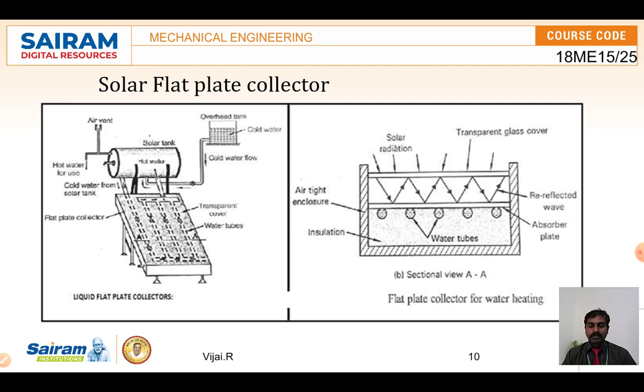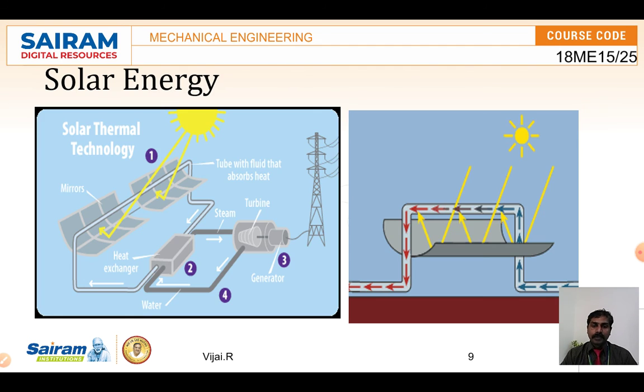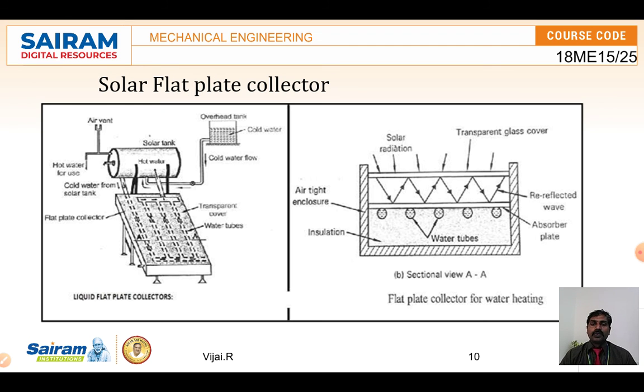Most people use this, otherwise we have to go for LPG gas, which is going to run out in future. So to avoid that, a natural way of heating water, by the parabolic reflector and the flat plate collector, we can utilize the sun's rays to make an easier way of heating water, as well as boiling.